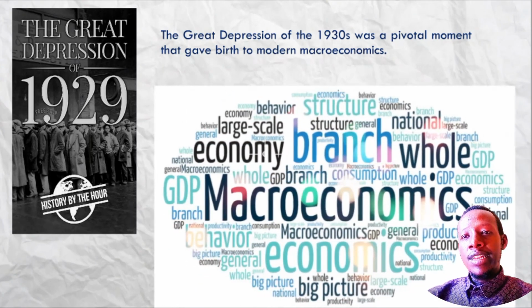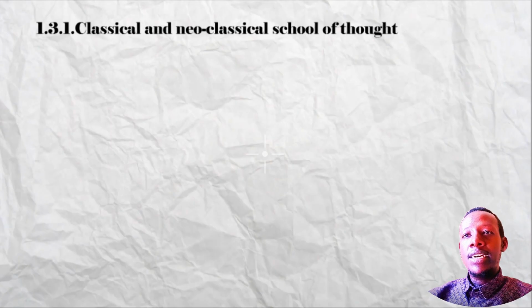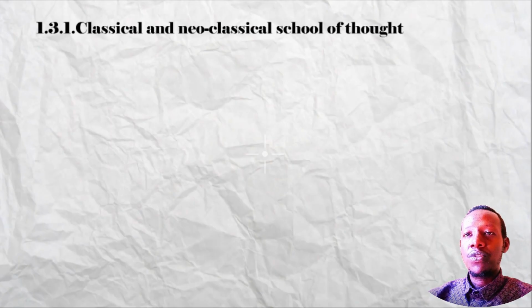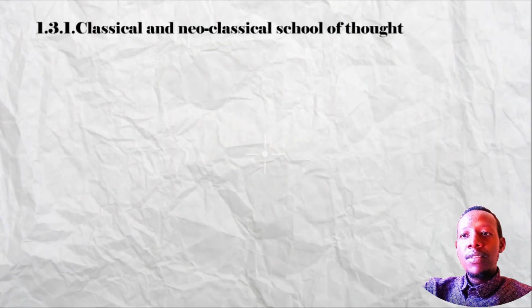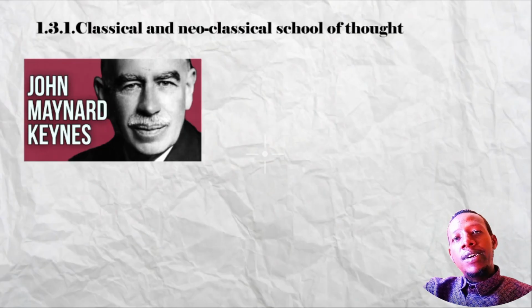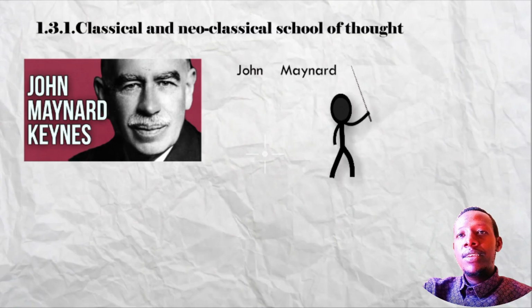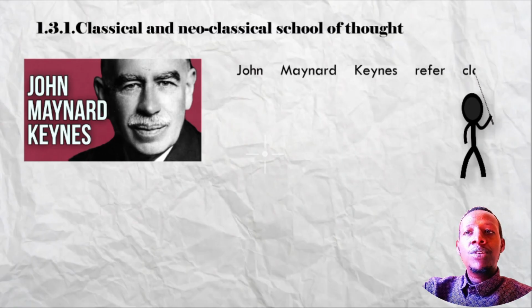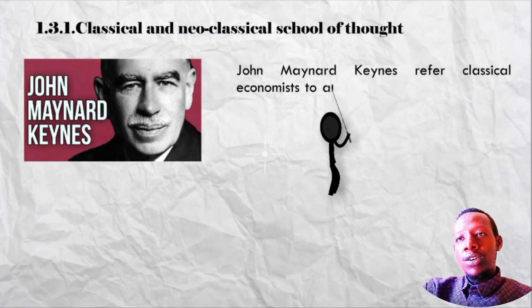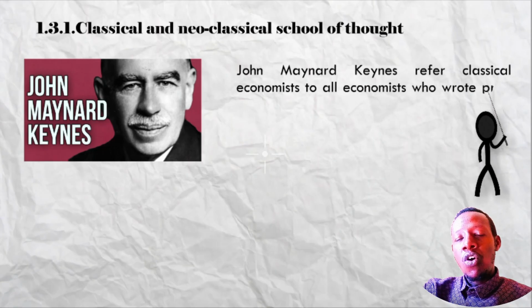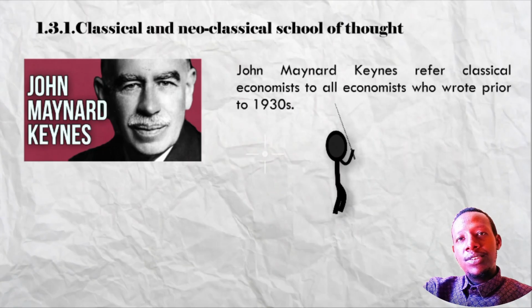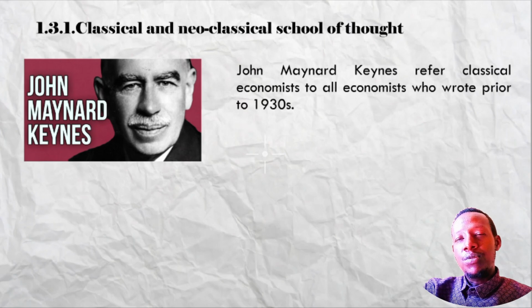Let's start with the first topic of the section, which is the classical and neoclassical school of macroeconomics. The usage of the term classical theory is attributed to John Maynard Keynes, who used it to refer to all economists who wrote prior to the 1930s, before the Great Depression.